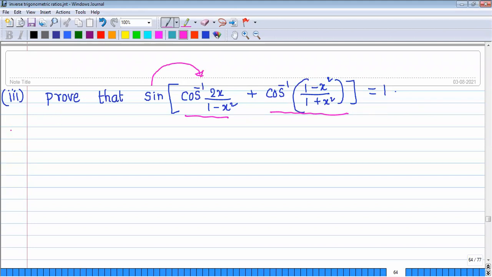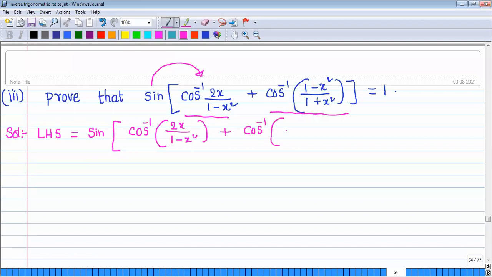Now consider the left hand side: sine of cos inverse 2x upon 1 minus x square plus cos inverse of 1 minus x square upon 1 plus x square.